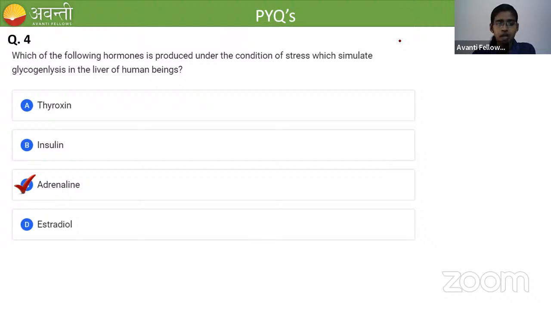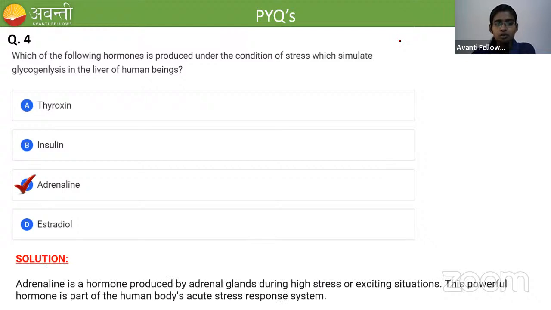So adrenaline is the one which is produced under the condition of stress. Got it? It is produced by the adrenal glands, and this powerful hormone is part of the human body's acute stress response. Okay, good. I'll go for question number 5.